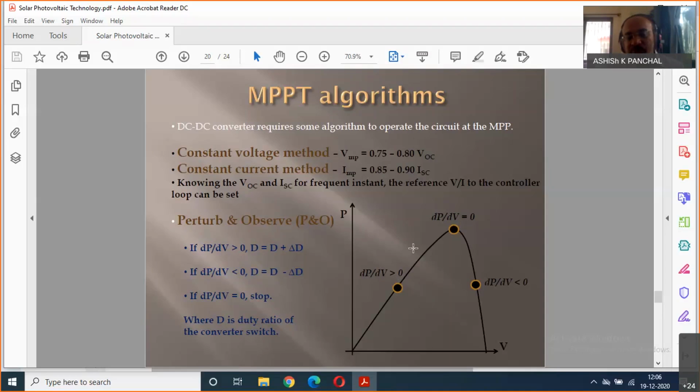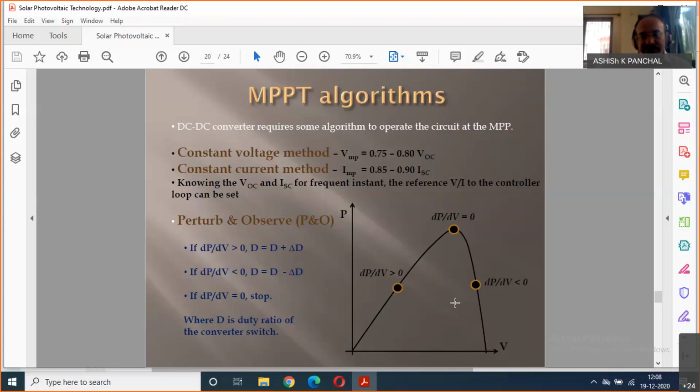Now I will take P2 minus P1 over V2 minus V1. If it is wrong, then you will try to reduce the voltage, and we will try to correct the ratio. Then only this PV panel is transmitting maximum power to the load.